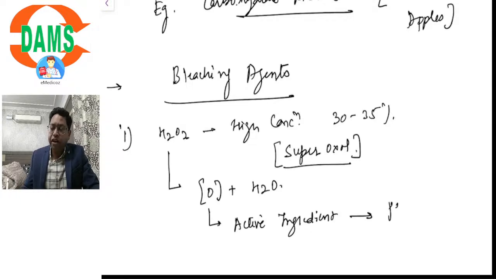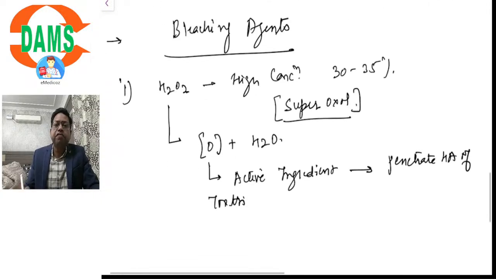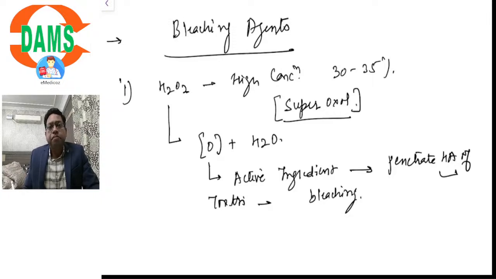It would penetrate hydroxyapatite, HA, and it causes bleaching, which means it converts the colored ring compounds into colorless chain compounds. So the active ingredient is nascent oxygen.